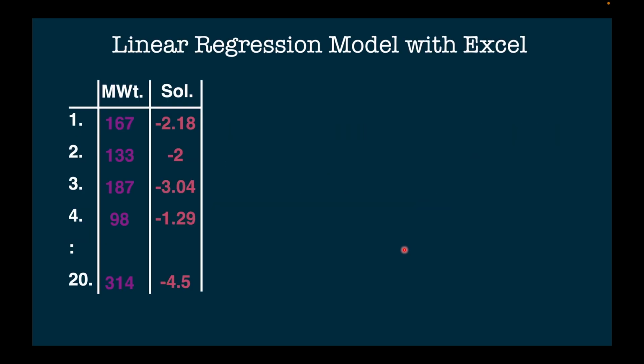Now, I'm going to practically show you how you can build these linear regression models in Excel. Before that, let's have a look at our problem. Here I have a data set containing data points for 20 organic compounds, where molecular weight is our independent variable and solubility is our dependent variable or target that we want to predict based on the values of molecular weight.